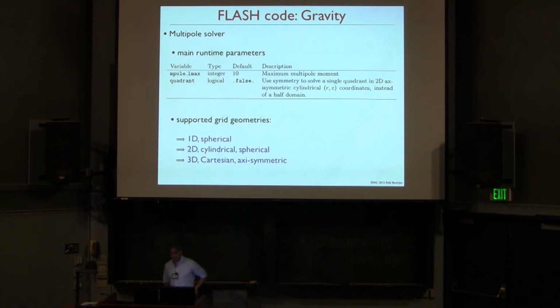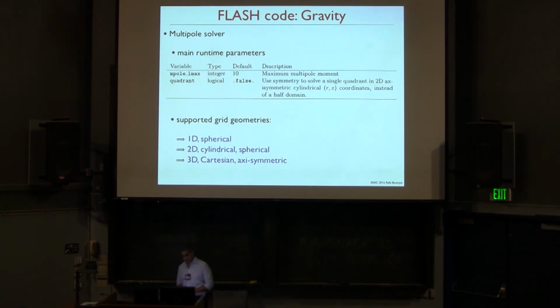So in principle, there is only one major parameter you can use, namely the maximum multipole moment you want to use for your simulation. And of course, the more spherical, the fewer multipole moments you need. And of course, the higher the multipole moment, the better the solution gets, in particular if you walk away a little bit from spherical symmetry.